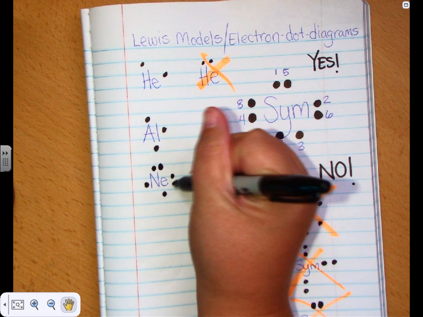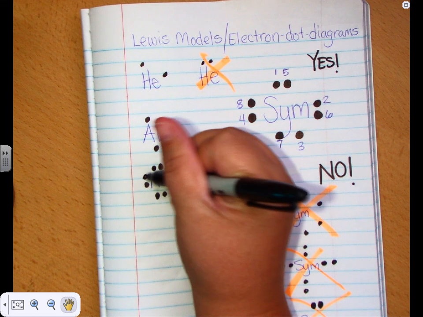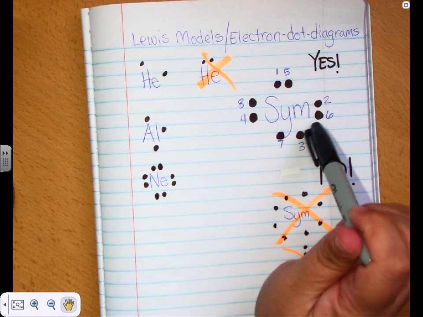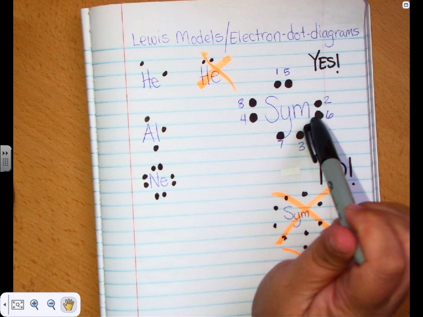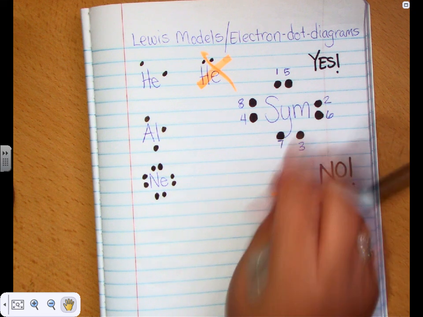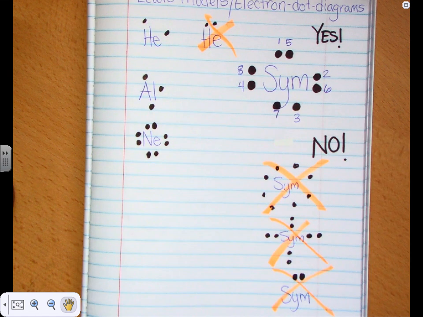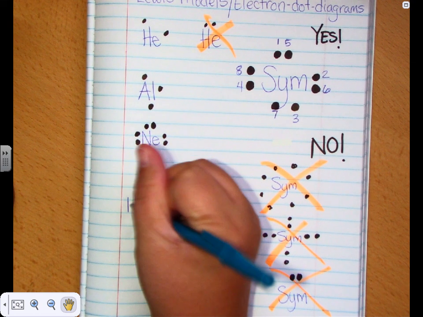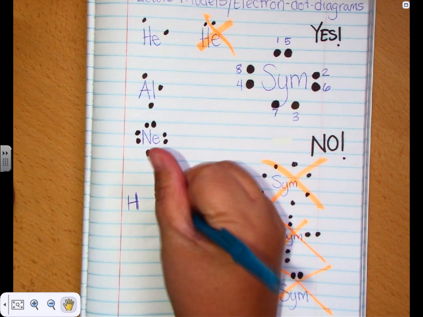Now, you're probably asking yourself, why does the configuration of the dots matter? Here's what I want you to do. Down here, I would like you to make an electron dot diagram for 2 hydrogens and an oxygen.